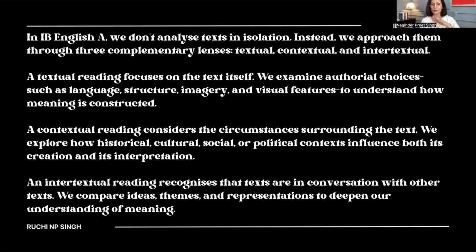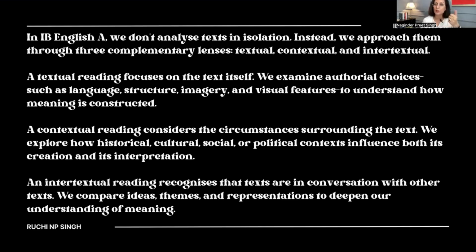A textual reading focuses only on the text. You look at the authorial choices, you look at the language, structure, imagery, visual features to understand how meaning is constructed. When you're looking at the contextual lens, you look at the circumstances that surround that text.